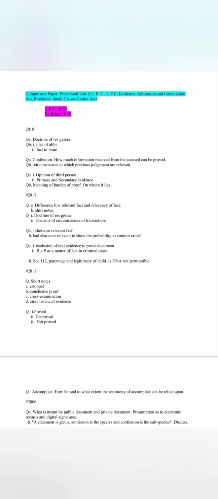What happens is that you get an idea about what kind of questions might be asked in the examination and what is the area of focus, the area of interest of the examiner.